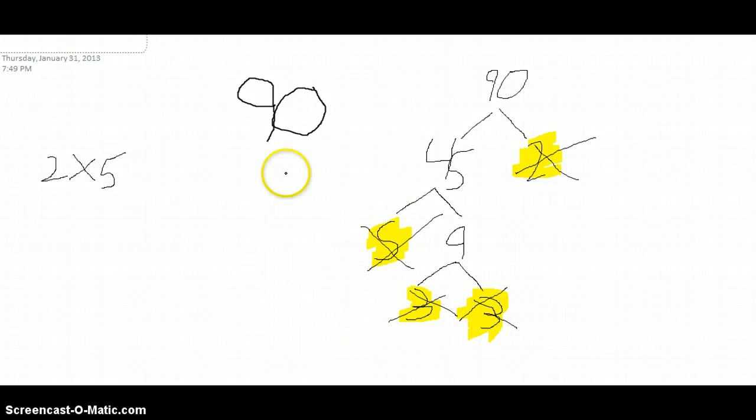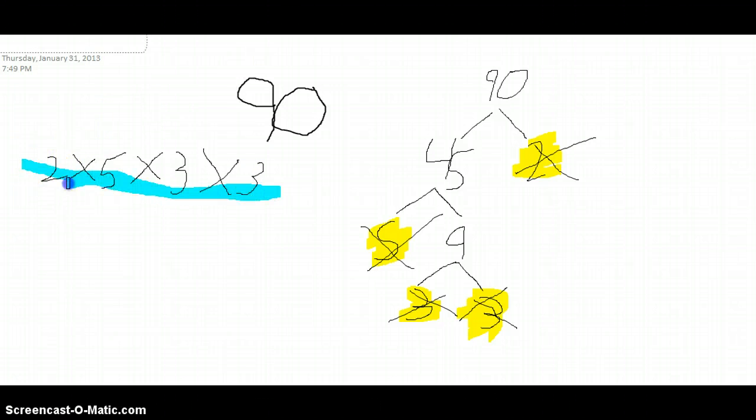And then you would do times 3 times 3, and here is your prime factorization right here.